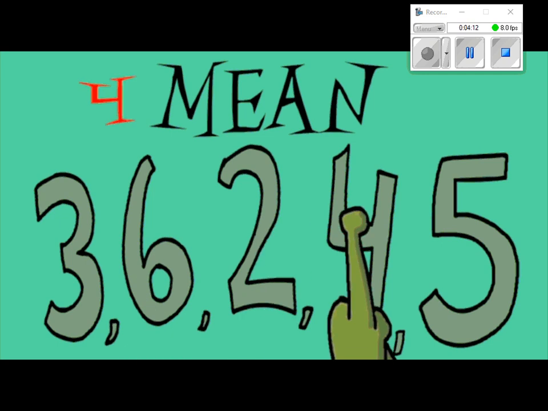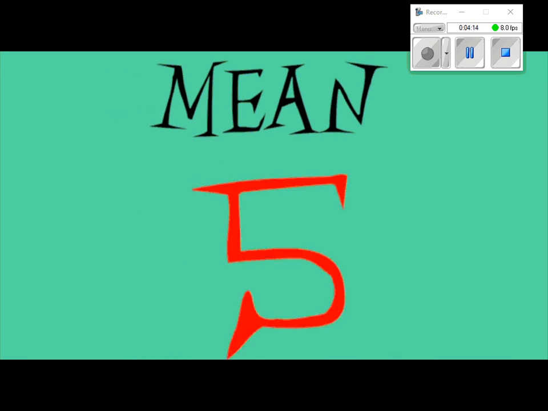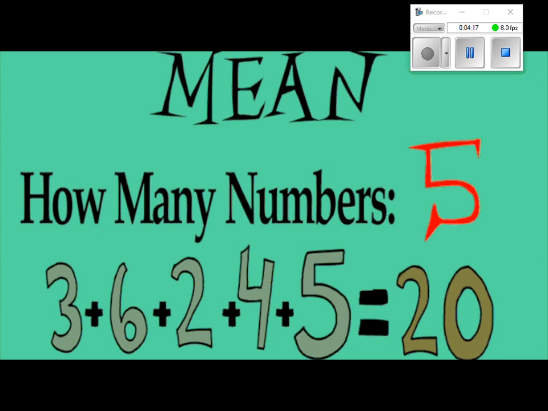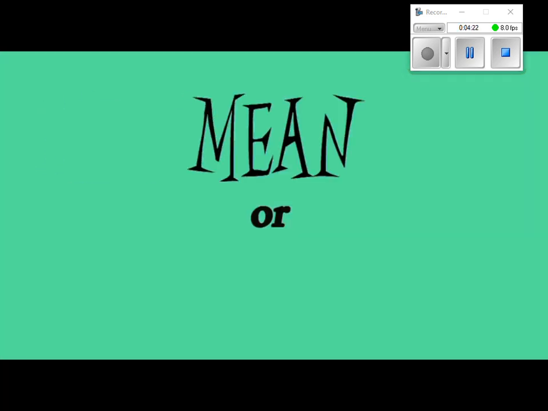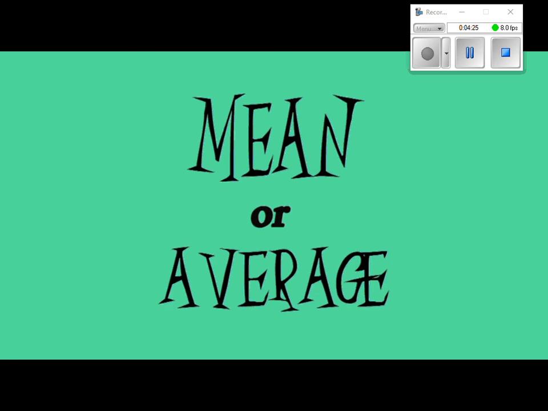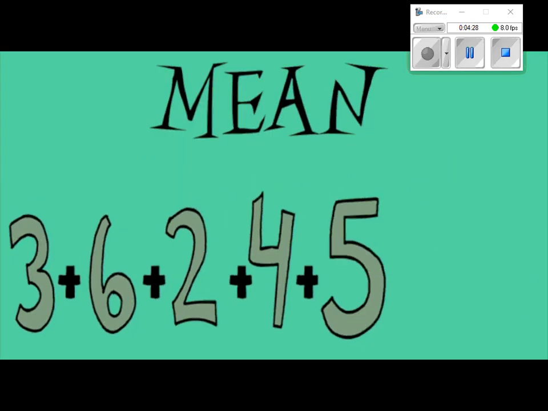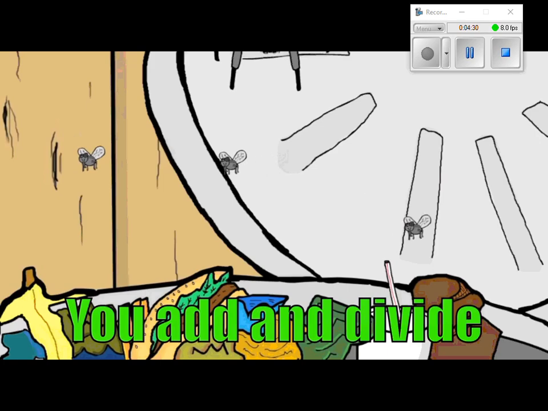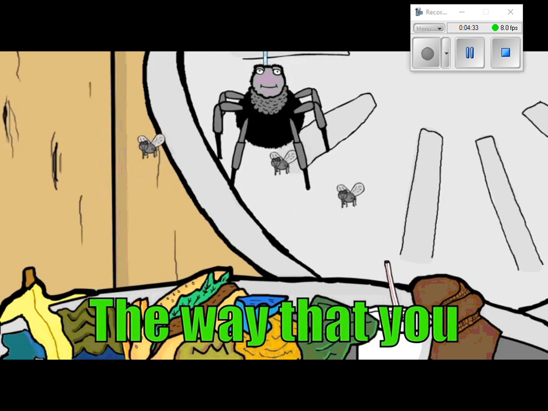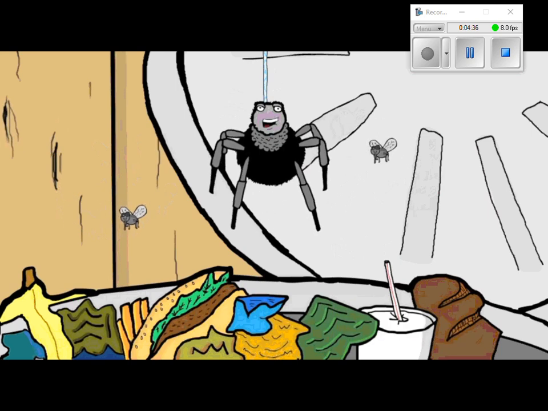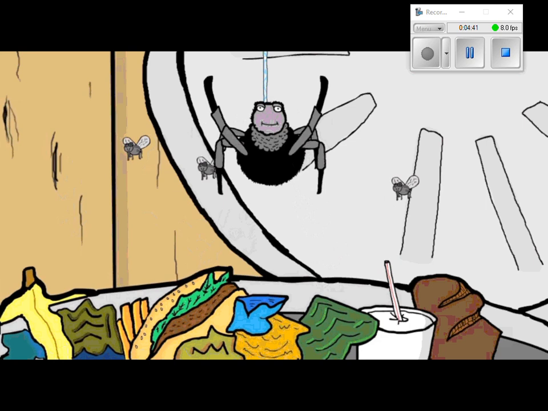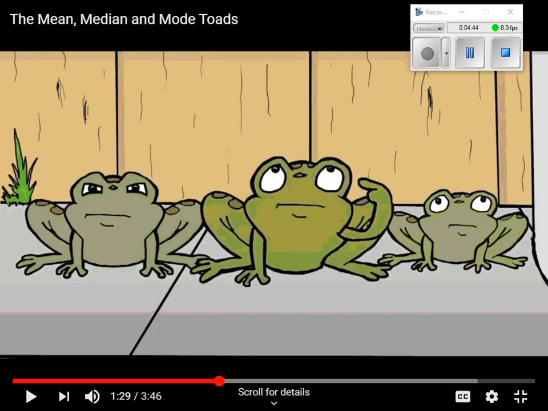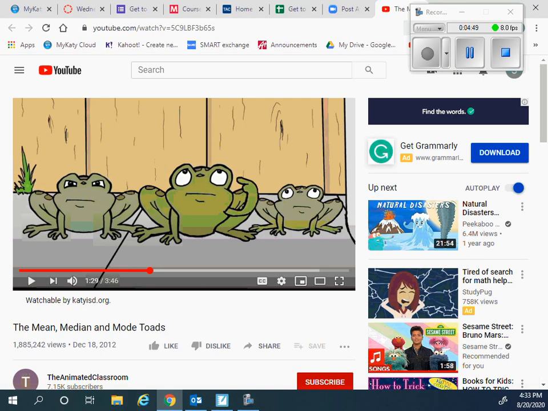Then you count how many numbers you got. After that, you divide the sum of the numbers by how many there are. That is the mean, or sometimes called average. So basically, you add and divide. Add and divide. Oh yeah.